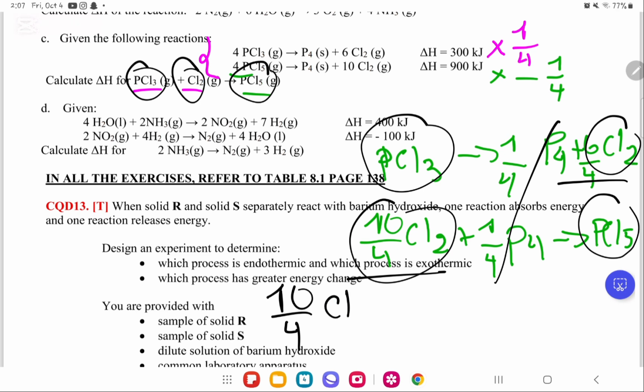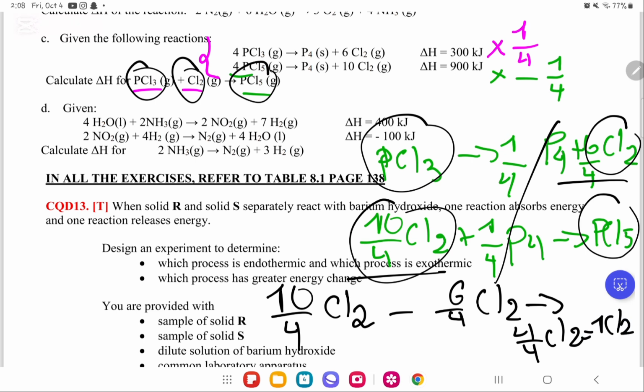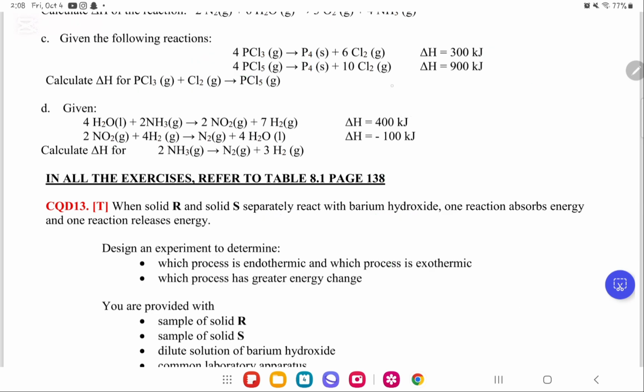So the 10 over 4 Cl2 minus the 6 over 4 Cl2, we will then get 4 over 4 Cl2, which is 1 Cl2. So now the full equation is going to be PCl3 plus Cl2 gives us PCl5. So that's for part C.